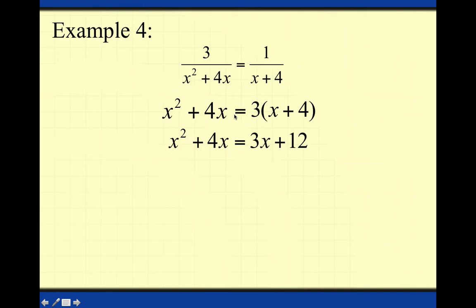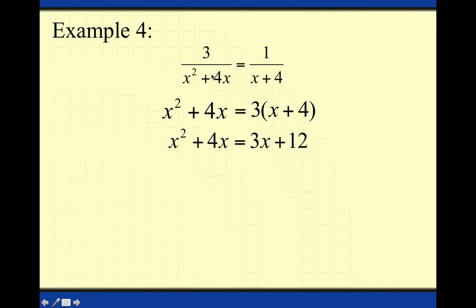Oh, and here, what did I do? I'm using my shortcut, remember? I don't even have to find that anymore. The shortcut says if I have just one fraction on each side, cross multiply. Take that times that, and that times that. It's just one fraction on each side, so I don't have to worry about common denominators. I don't have to worry about factoring. Just go ahead and multiply. 3 times x plus 4, 1 times x squared plus 4x.